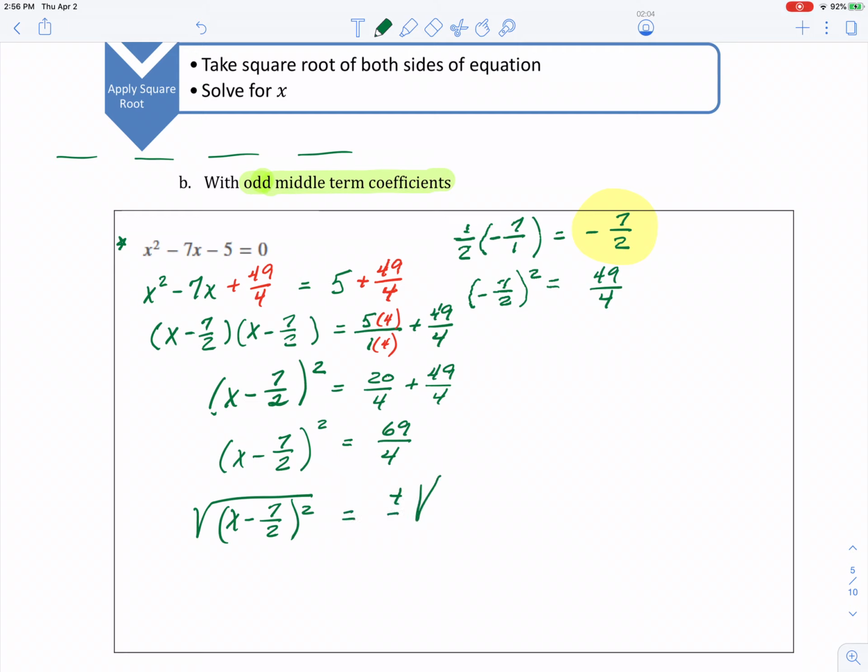And both the positive and negative square root of the right-hand side. So on the left I have x minus 7/2. On the right I have the square root of 69 on the top, but notice here when I do the square root of 4 on the bottom, that too is coming out from under the radical, and I'm just going to have the whole number 2 sitting down there as the denominator.